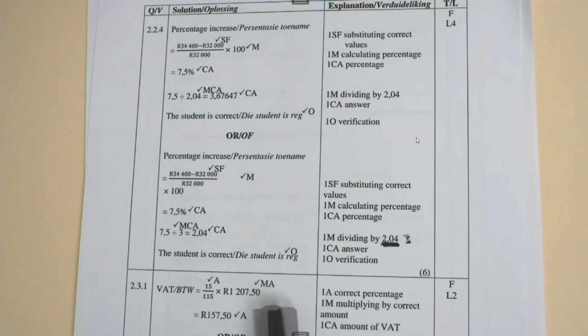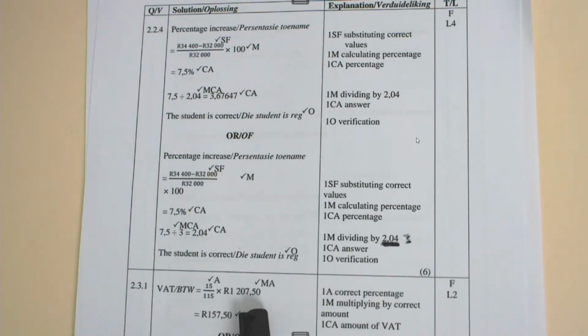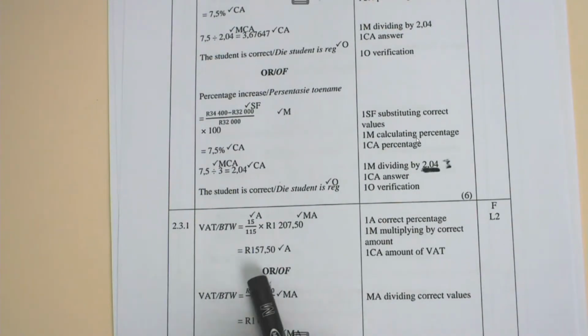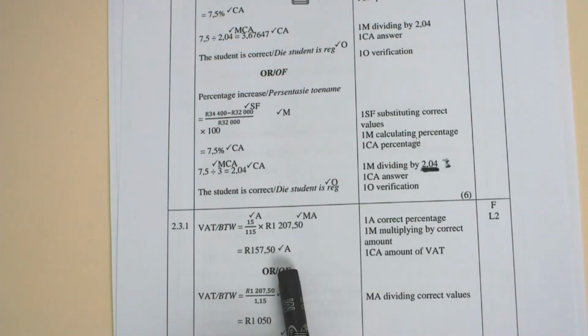Then MA, method with accuracy, for multiplying by 1,207.50. And then for getting the answer, 157.50, is an accuracy mark. Right.